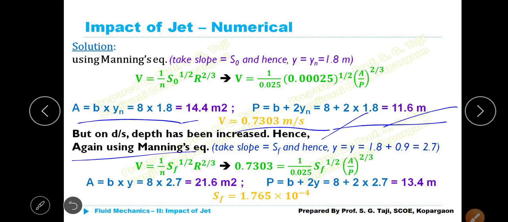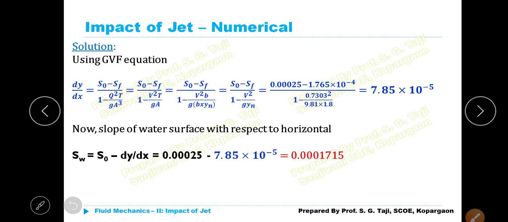Hence, again using Manning's equation, take slope SF and hence y is equal to y. That is equal to 2.7. V is equal to, again substitute the value, you will get SF 1.765 multiplied by 10 to the power of minus 4. Now using GVF equation, dy by dx is equal to this formula. Substitute, you will get 7.85 into 10 to the power of minus 5.